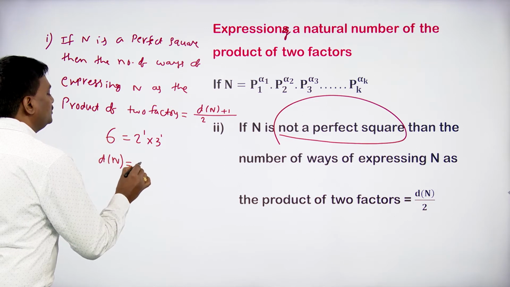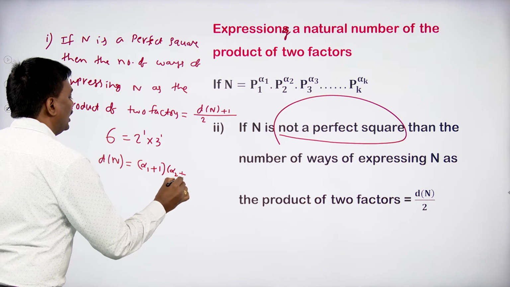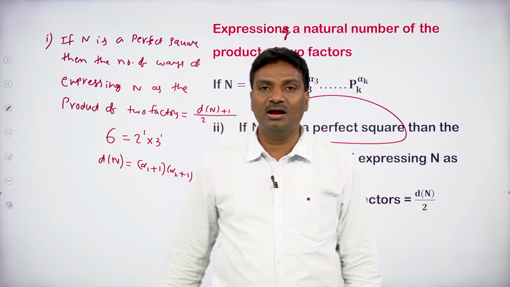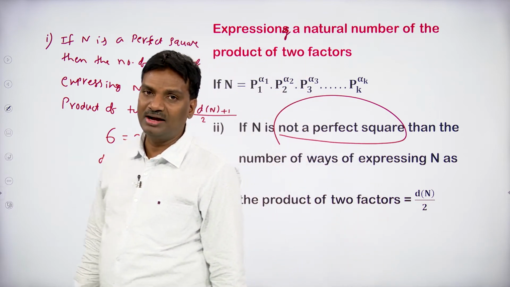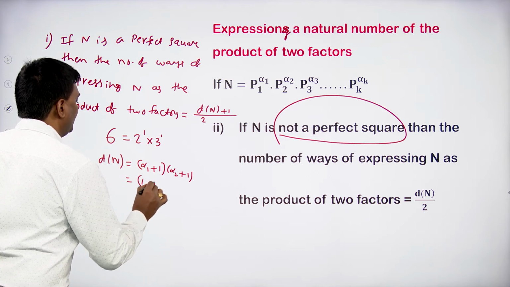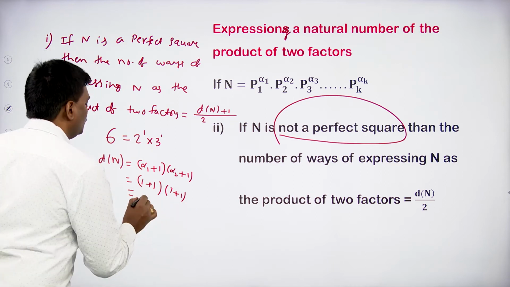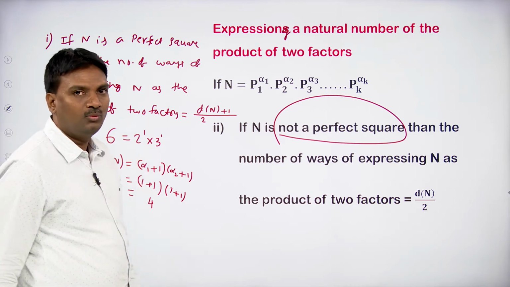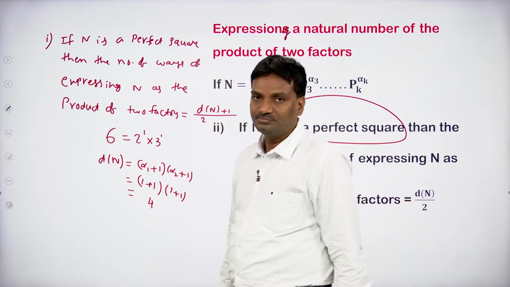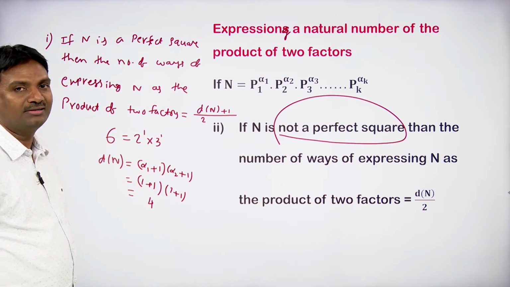The formula is alpha 1 plus 1 into alpha 2 plus 1, which is the total number of factors of n. So 1 plus 1 is 2, into 1 plus 1 is 2, so 2 into 2 is 4. This is the total number of factors of 6.